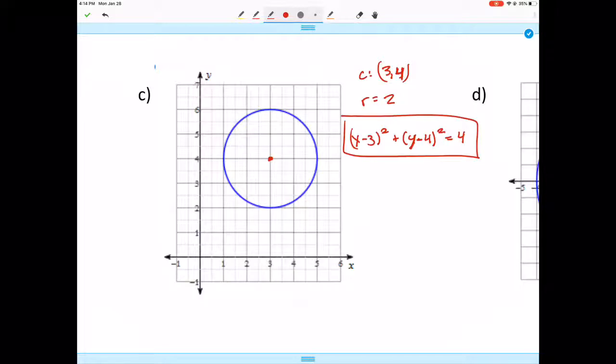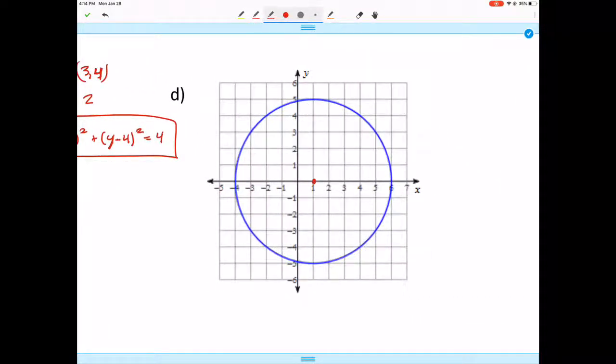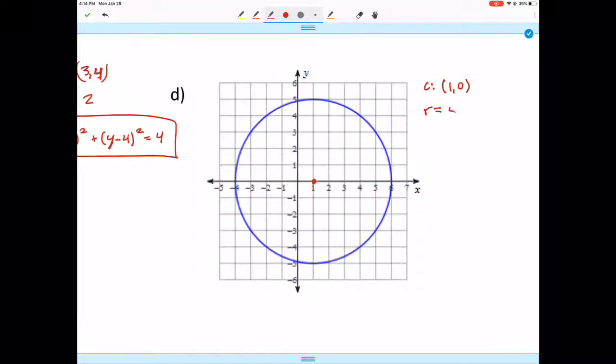That would be your answer. Next problem, our center is 1, 0. Radius equals 5. So we plug that in, we'll end up getting x minus 1 squared plus y minus 0, which is just y, so y squared equals 5 squared, so 25.